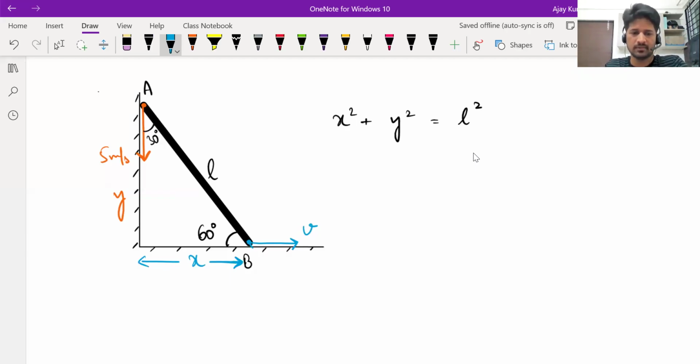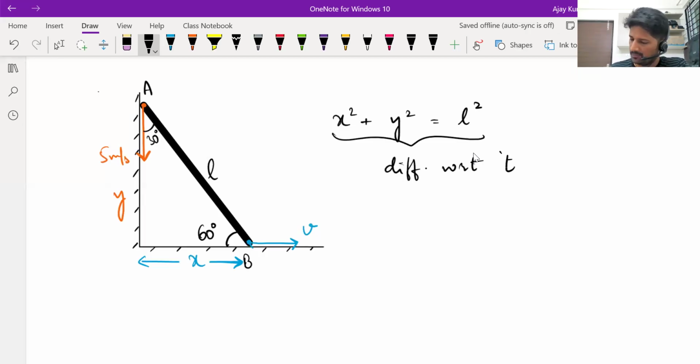Yes, sir. Speed is basically rate of change of distance. Since V is along the x-axis, V will be equal to dx by dt. So what we need is dx by dt in this problem, and the only thing you can do is differentiate this equation with respect to time.